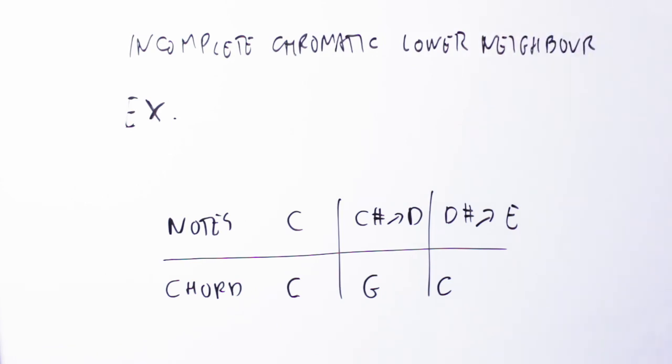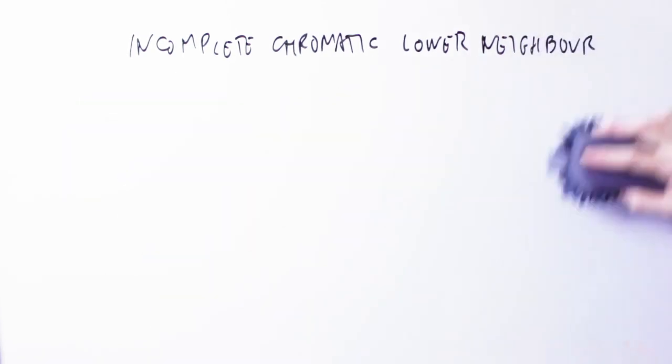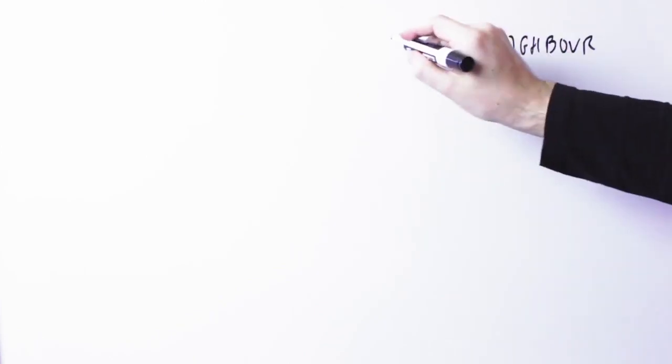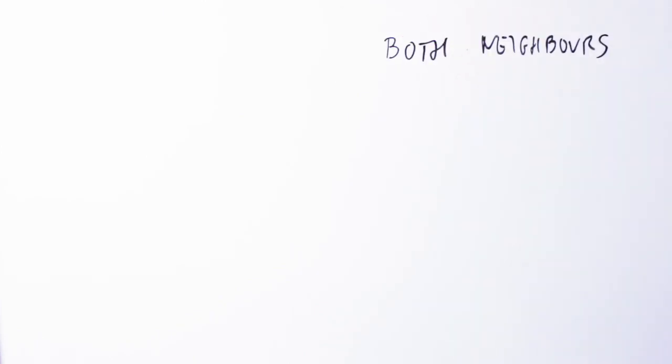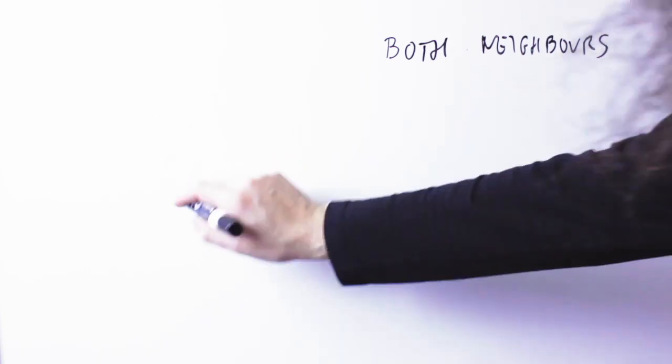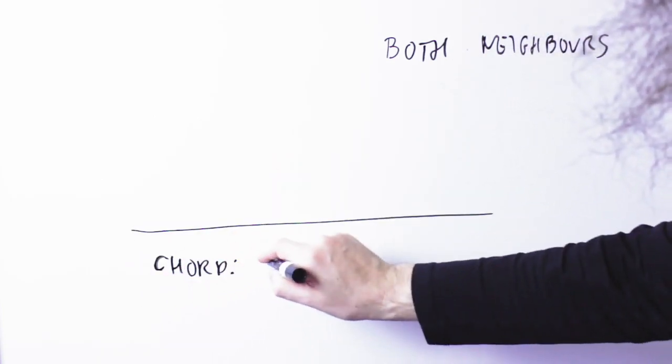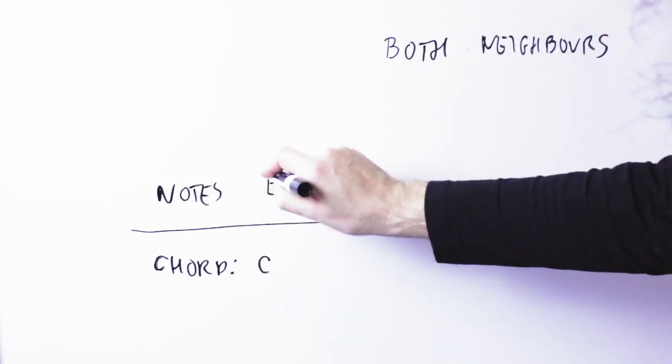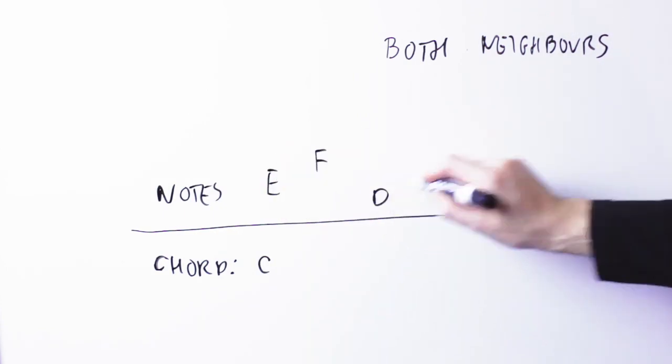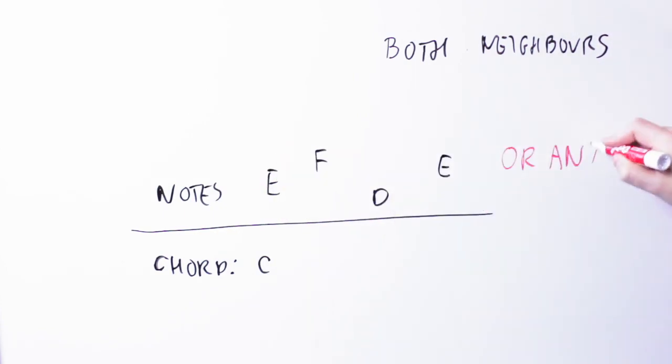Another very popular variation is to play both the upper and the lower neighbor note, whether you have them chromatic or diatonic. So again, optionally you play the original chord note, then you play either the upper or the lower neighbor note, then you play the other neighbor note, and then you resolve both of them into the chord note.